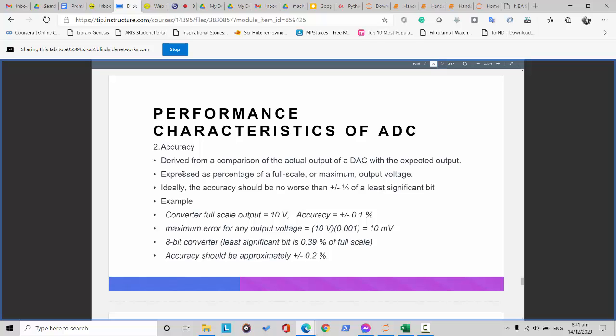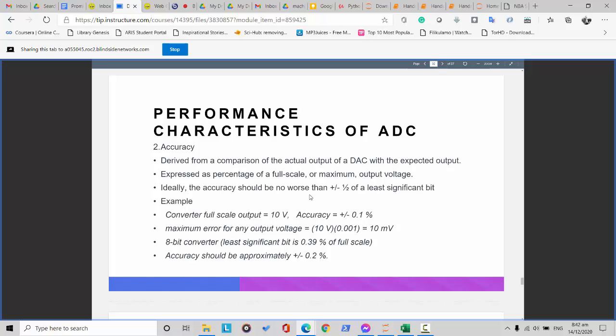How do we get the accuracy of the ADC? It's derived from a comparison of the actual output of a DAC with the expected output. And it's expressed as a percentage of a full scale or maximum output voltage.